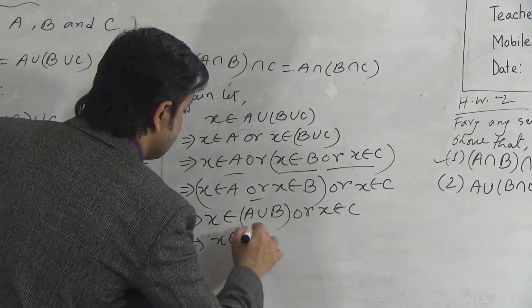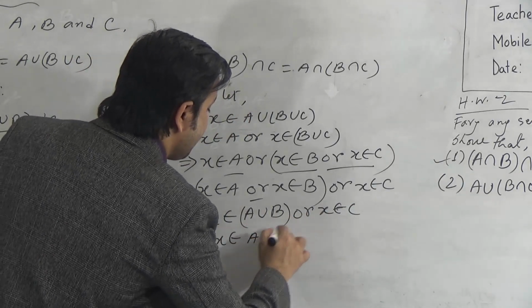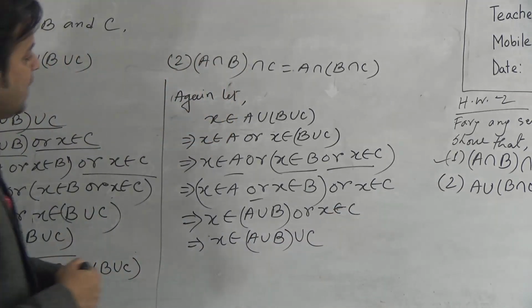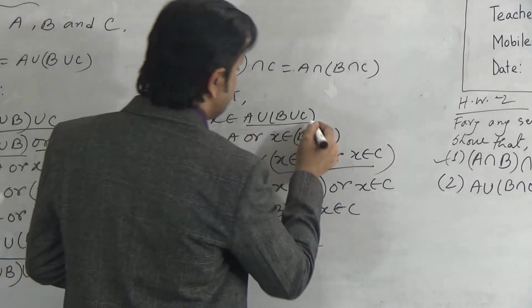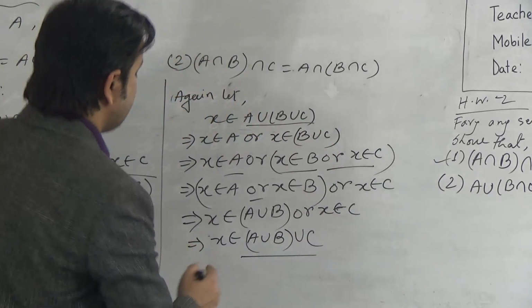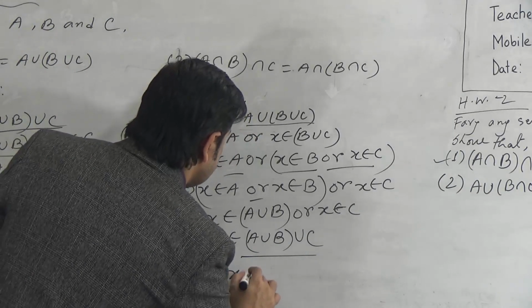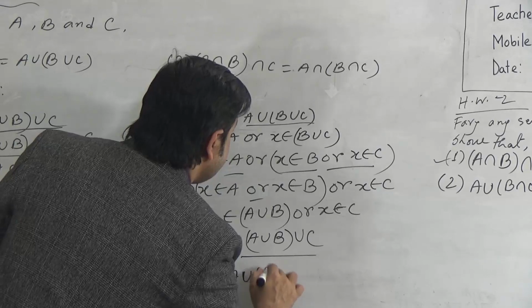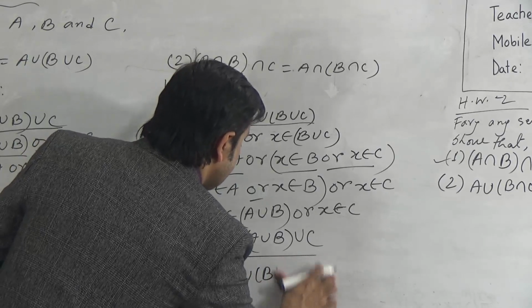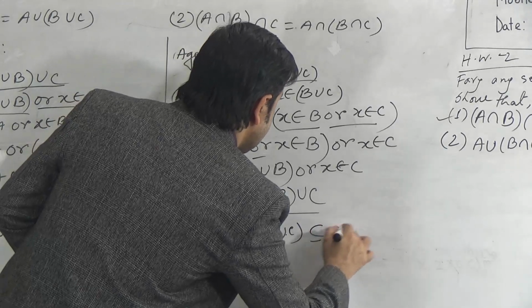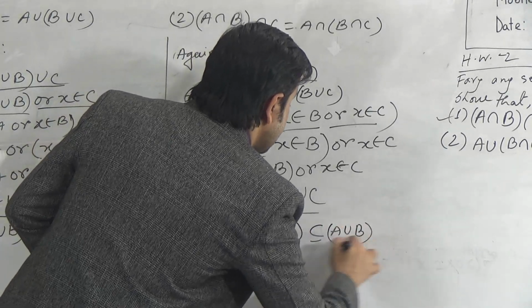X is contained in (A union B) union C. What does it mean? It means that A union (B union C) is a subset of (A union B) union C. Therefore A union (B union C) is a subset of (A union B) union C.